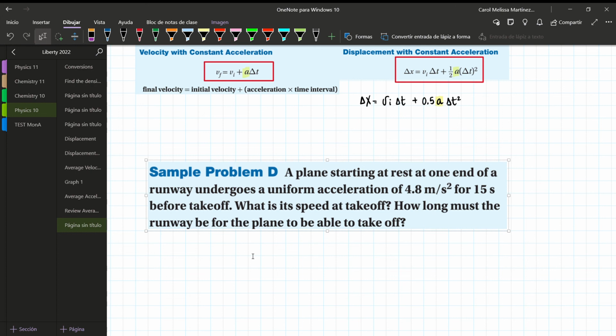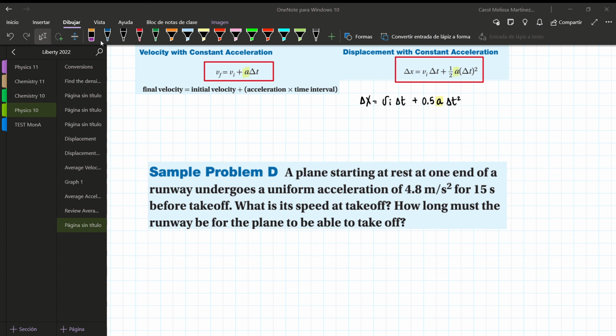What is its speed at takeoff, and how long must the runway be for the plane to be able to take off? Well, the word problems are going to be for Tuesday.